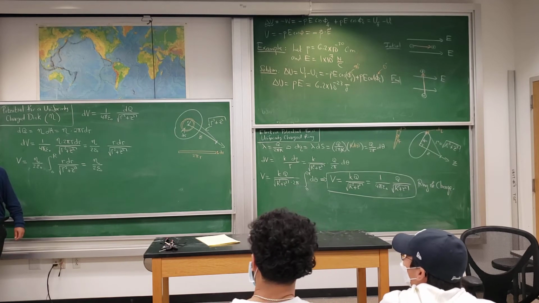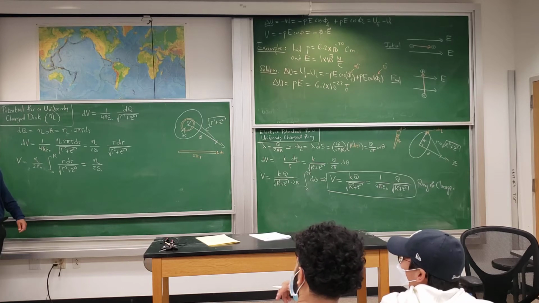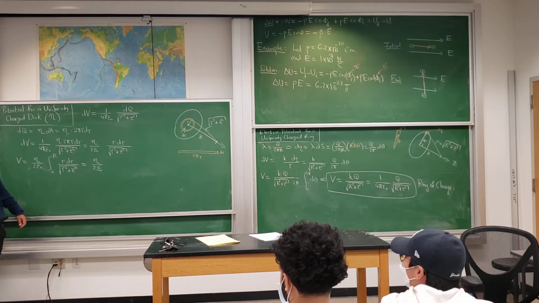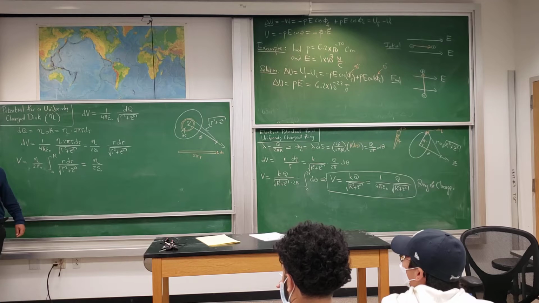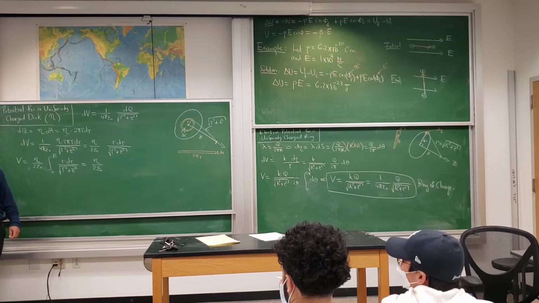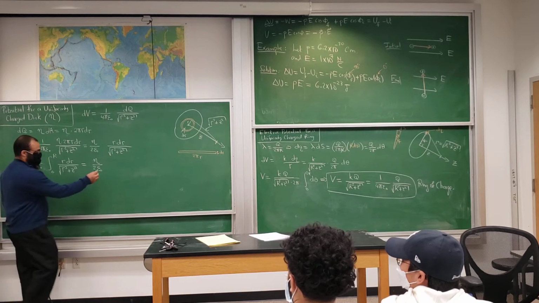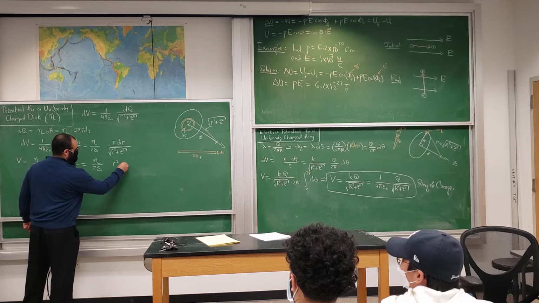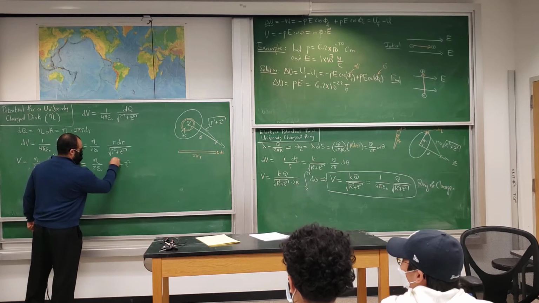I think you said the trig, I guess you can use trig, but it's simpler than that. You can use a U substitution. Yeah, go ahead. Would it be 2 over the square root of r squared plus z squared? It will turn out to be this: the square root of r squared plus z squared, that's it.